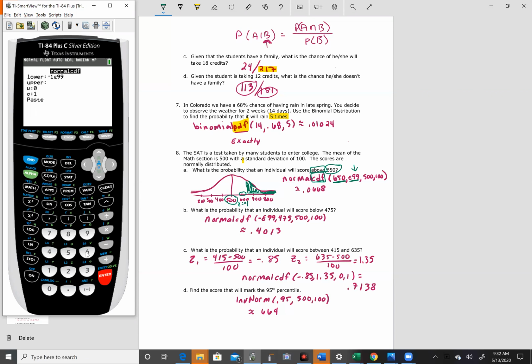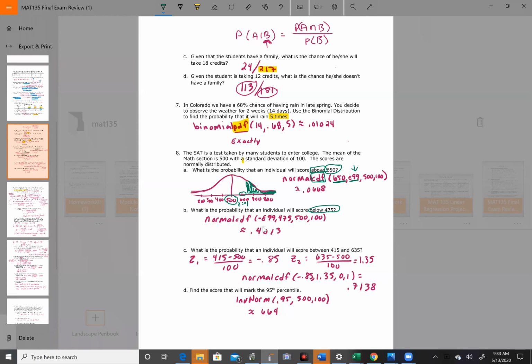To get that, if we start at 650 and the upper, you do blue and then the comma, and that gives you the E99. And the mean was 500, and the standard deviation is 100. And you get 0.0668.